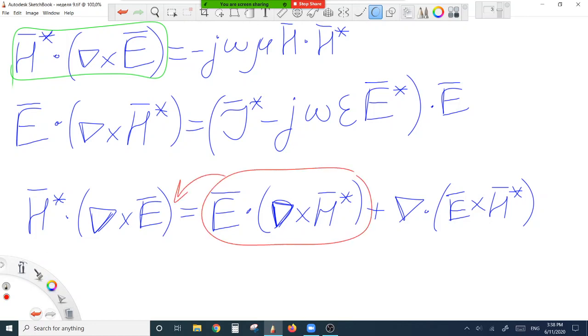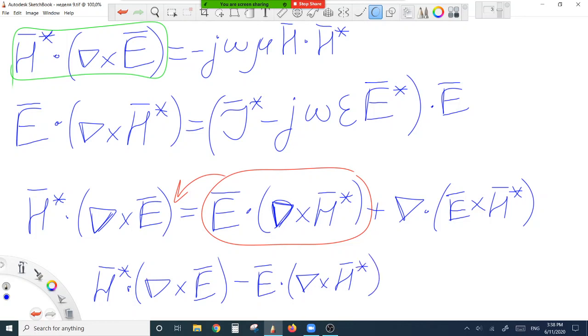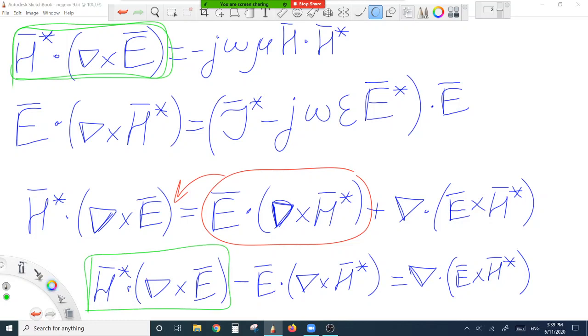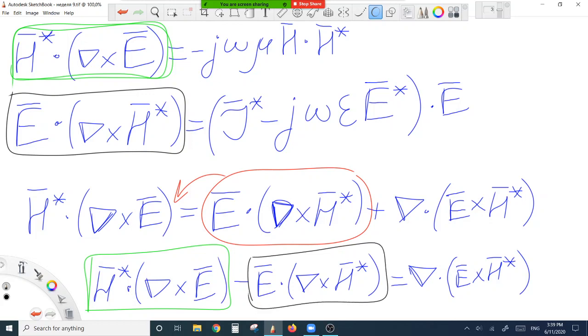If we move it to the left hand side, what we have, H complex conjugate dot rotor of E minus E dot rotor of H will be equal to the divergence of E cross H. So this first term is this, the second term is this, and their difference gives us this expression.